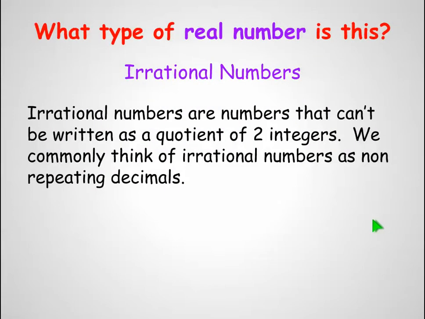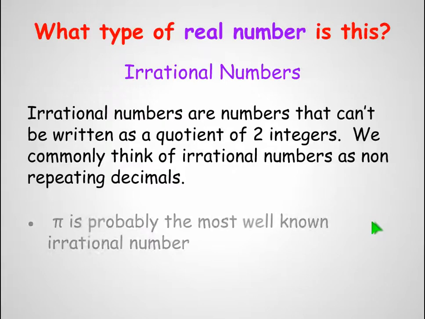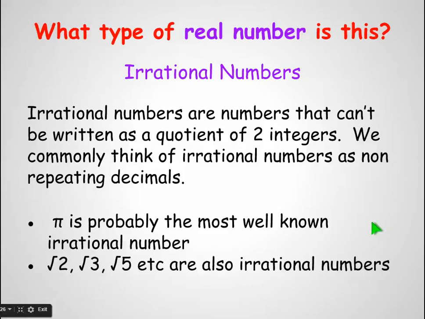Our last set is the irrational numbers. Irrational numbers are numbers that can't be written as a quotient of two integers. We commonly think of irrational numbers as non-repeating decimals. Pi is probably the most well-known irrational number. Square root of 2, square root of 3, etc. are also irrational numbers.